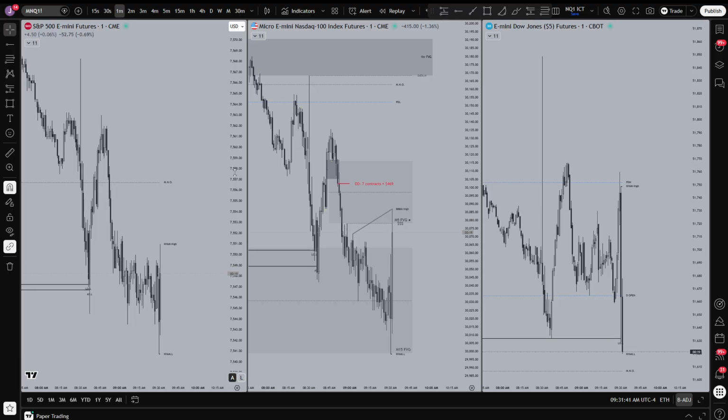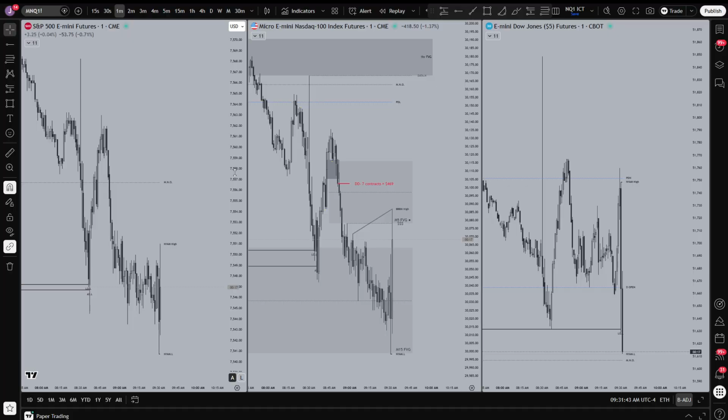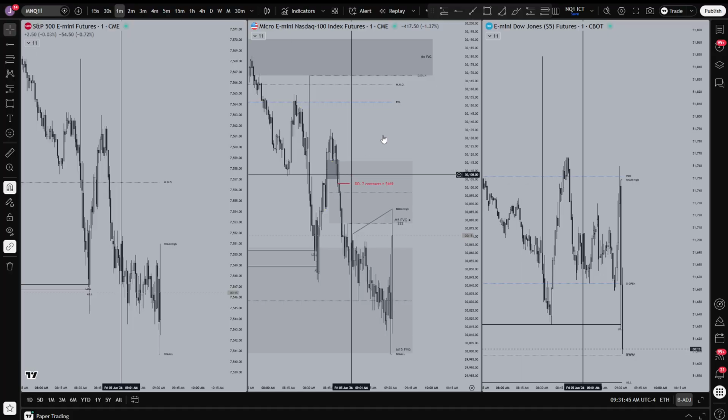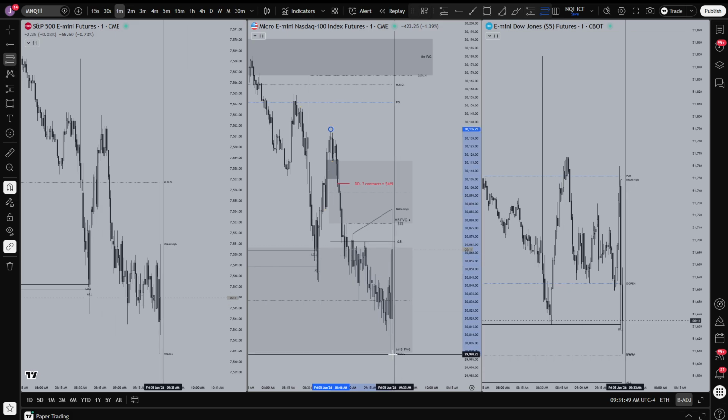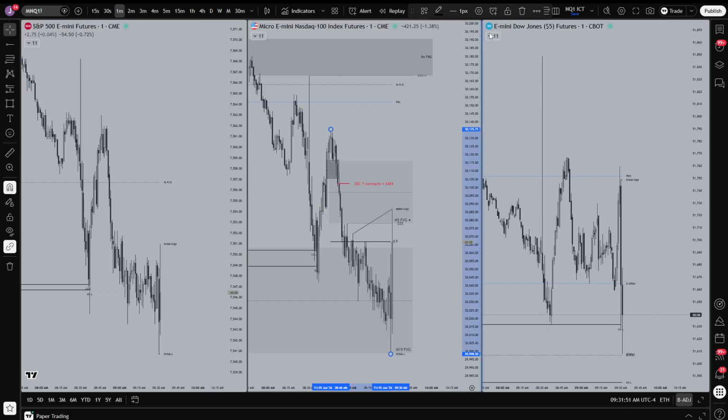You take the 1 minute OTE. 705 is pretty much CE of the gap, the 5 minute. Got an SMT now instead of 5 minute. Pretty strong candle.